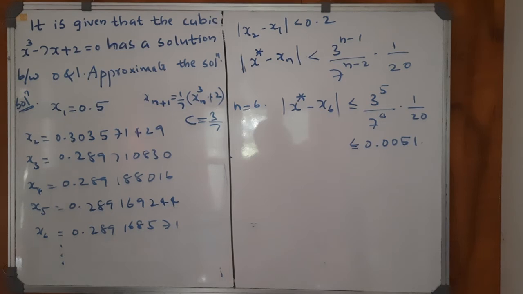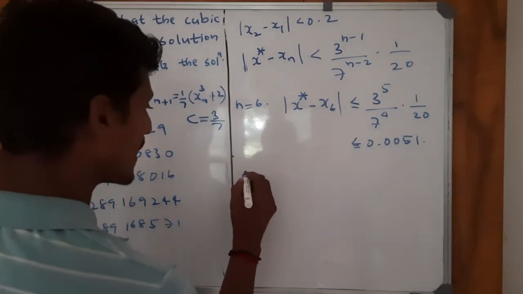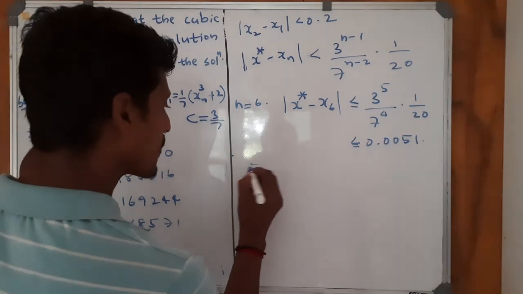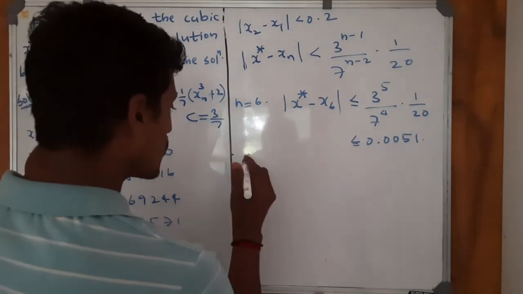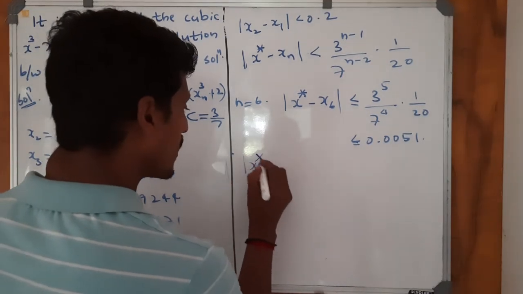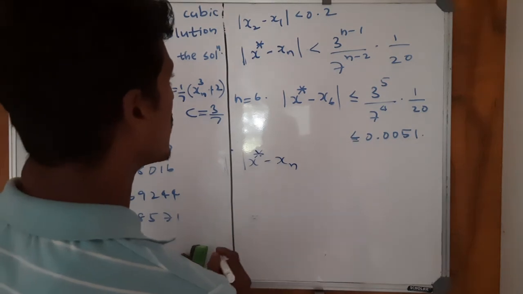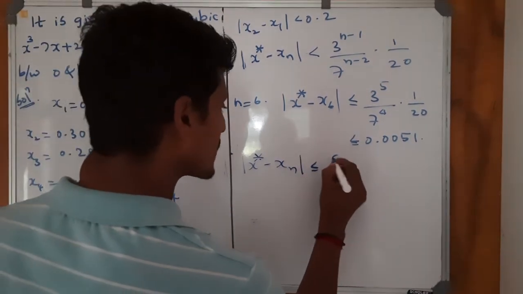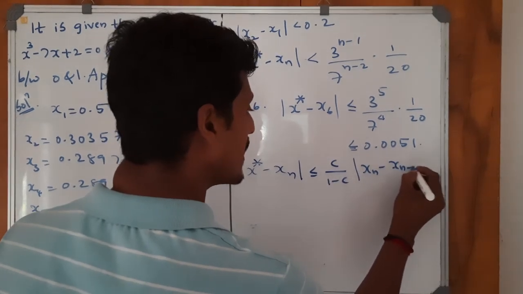So let us use the second part of the corollary, which says that modulus of x star minus xn is less than or equal to c by 1 minus c into modulus of xn minus xn minus 1.